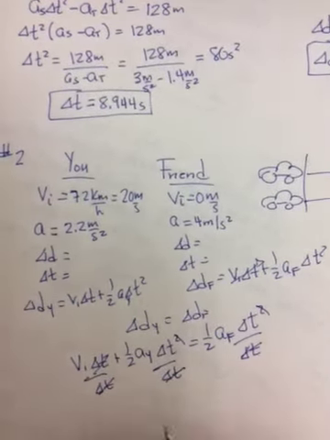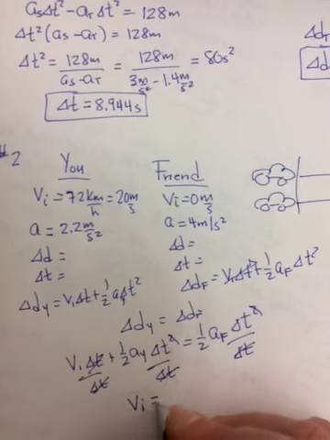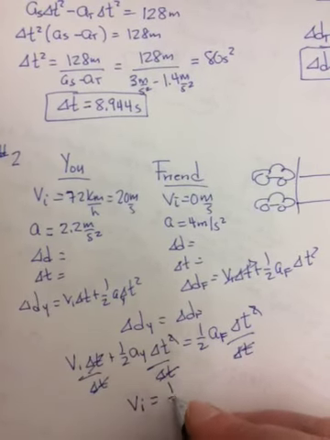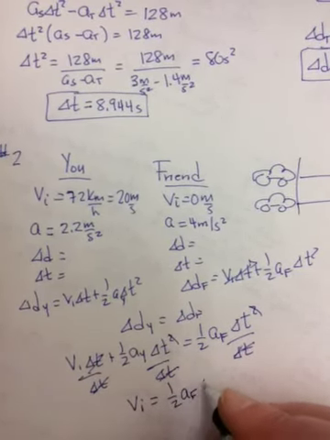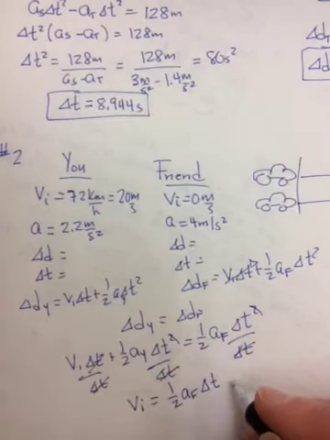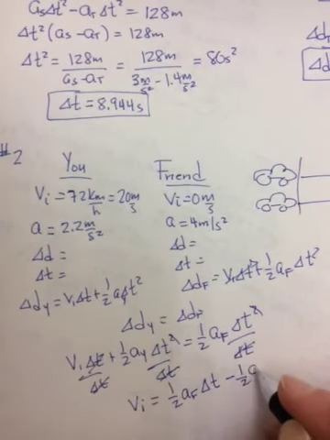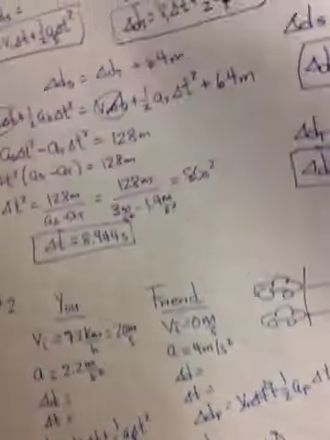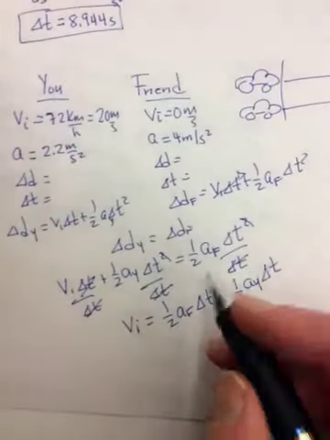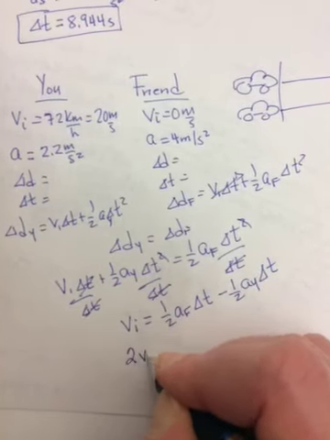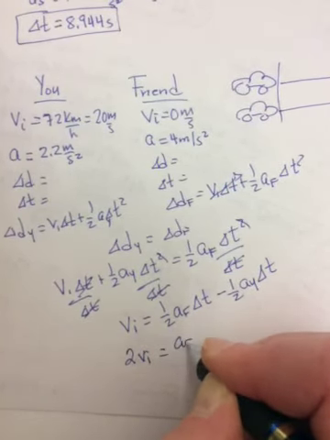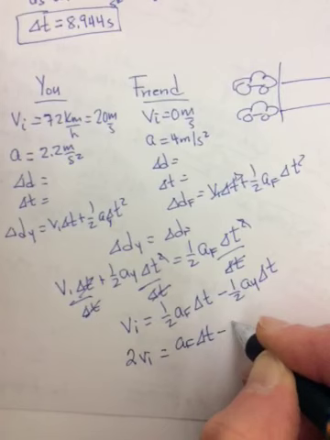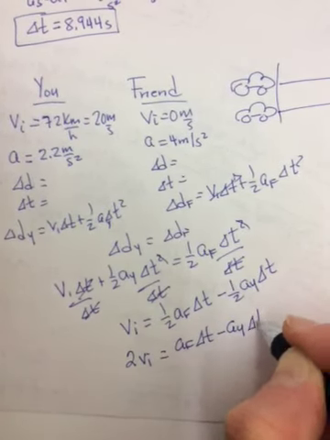So you'll have VI equals 1/2 A of your friend delta T, and I'm going to bring this guy over, minus 1/2 A of you delta T. You might want to multiply both sides by 2, so it'll be 2VI is equal to A of friend delta T minus A of you delta T.